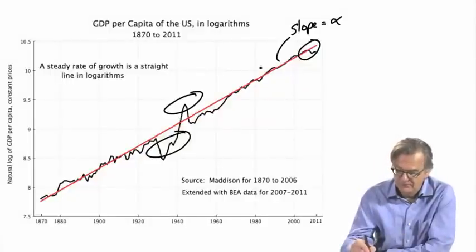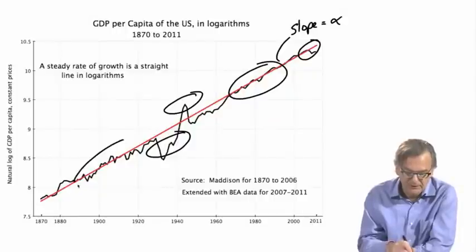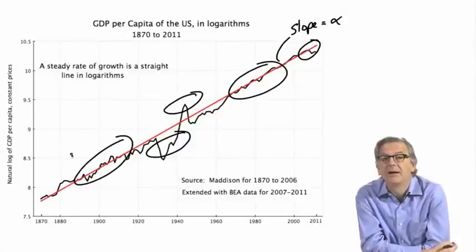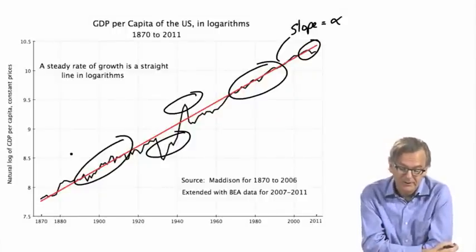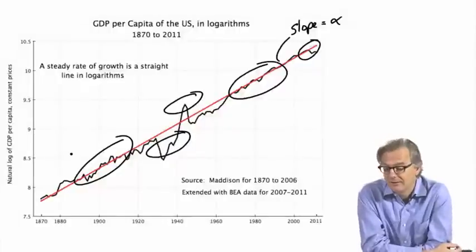For example, over here, the 1960s to the 1980s, when you look at the data as we have in this graph, it doesn't look all that different to what we saw in the 1880s, 1890s, 1900s.